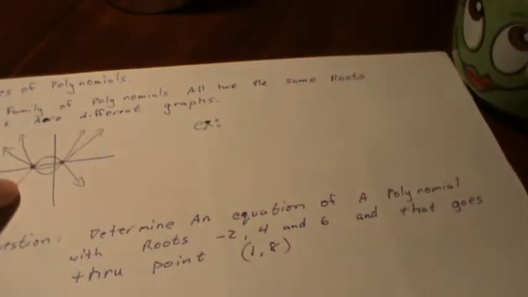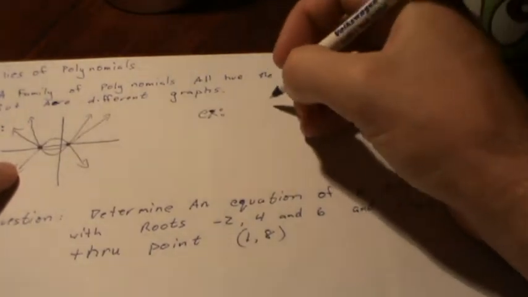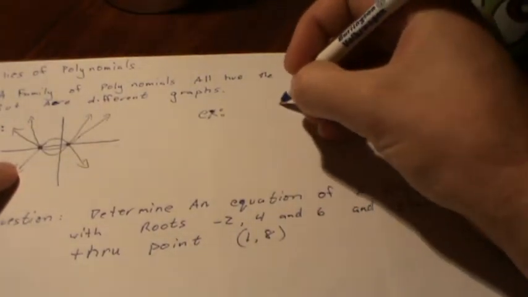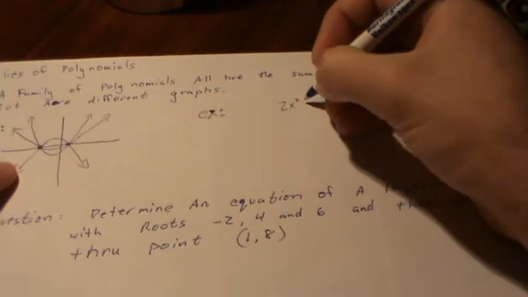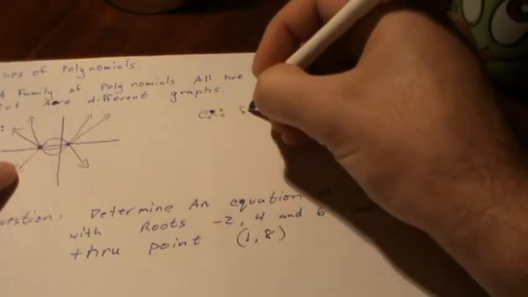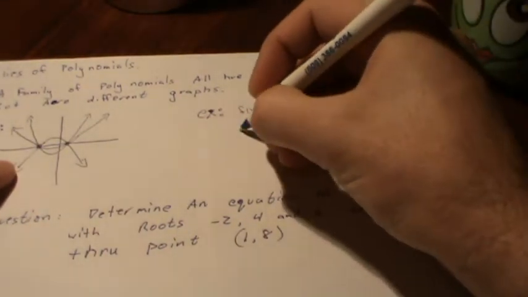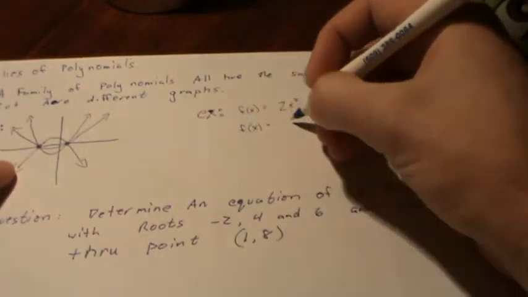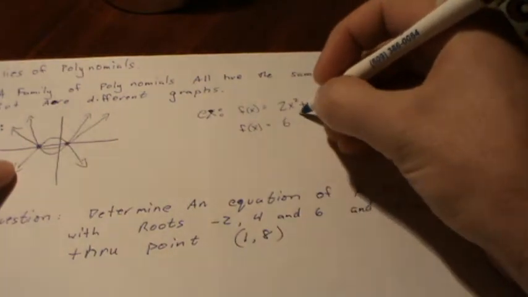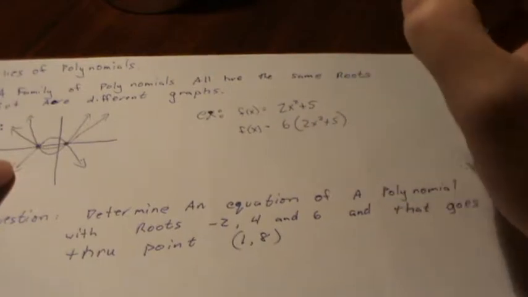Now here we'll do an example of what the equations might look like. So I might have 2x squared plus 5. This could be a polynomial. And let's say I've got f of x equals 6 times 2x squared plus 5.